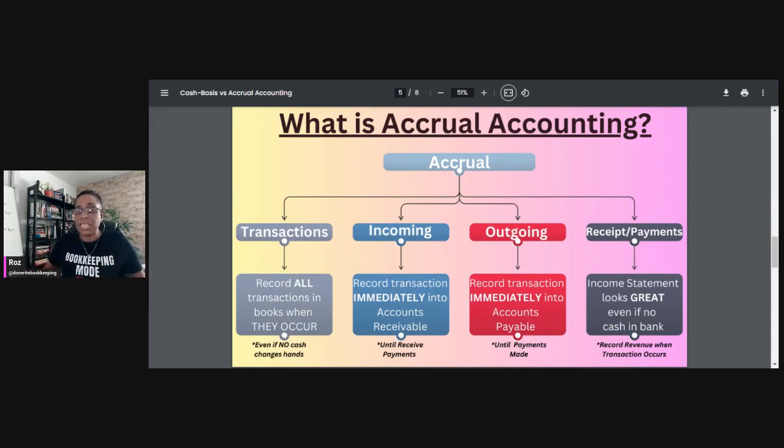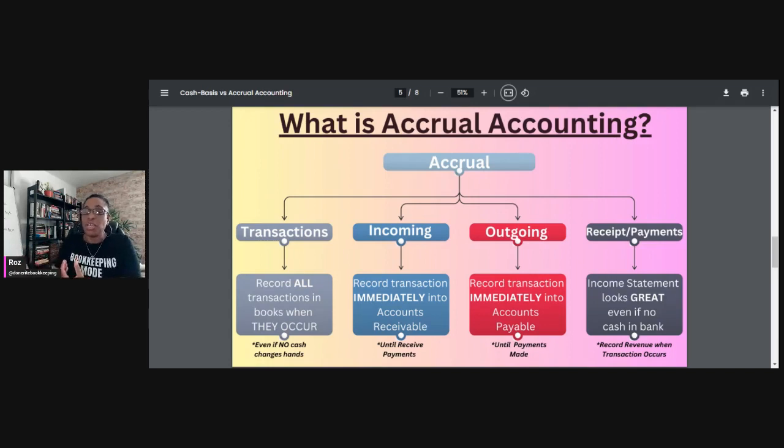And then there's receipts and payments. Income is going to be on the income statement. The income statement is going to look great, even if no cash is in the bank, guys, because the revenue is there, right? The revenue is accounted for, although cash may not have come in, and when I say cash, I'm talking about credit card, whatever type of payment for that product or service.